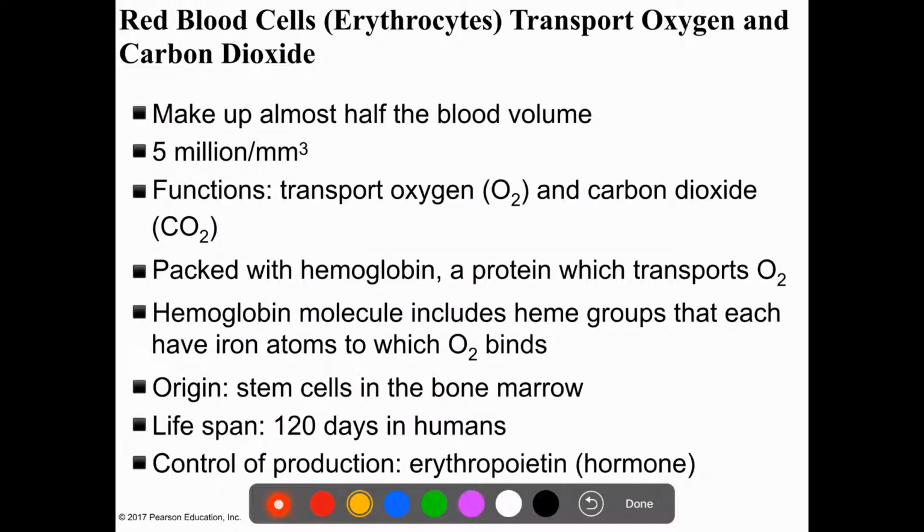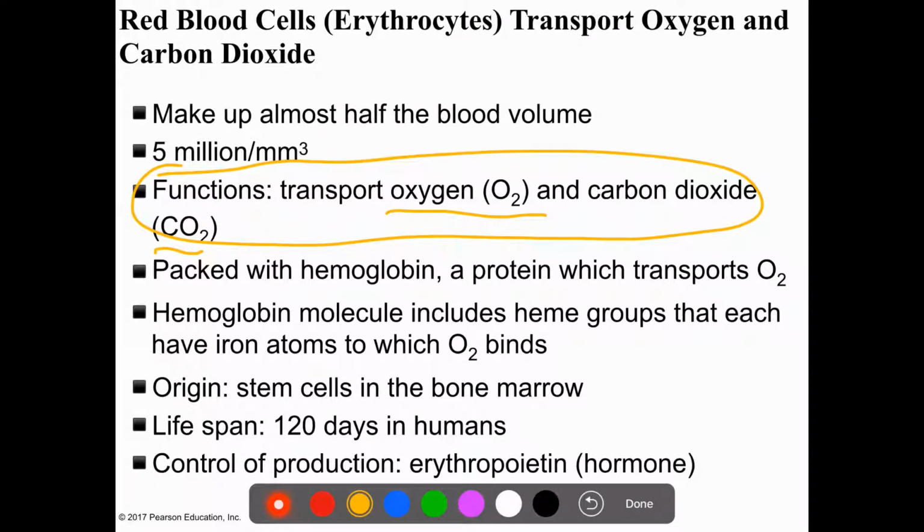For the red blood cells, they serve the function of transporting oxygen and CO2. So these are very important functions of the red blood cells. They are packed with a protein called hemoglobin. This protein specifically is the protein responsible for transporting oxygen. Oxygen, we'll see some of that, is going to bind to hemoglobin, and that's how hemoglobin or red blood cells are transporting oxygen.